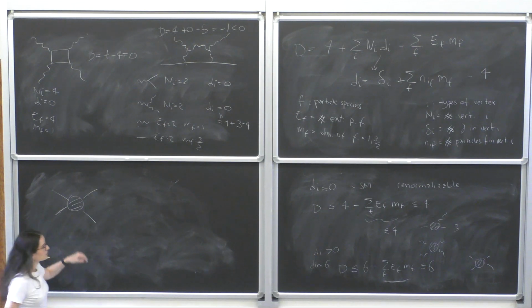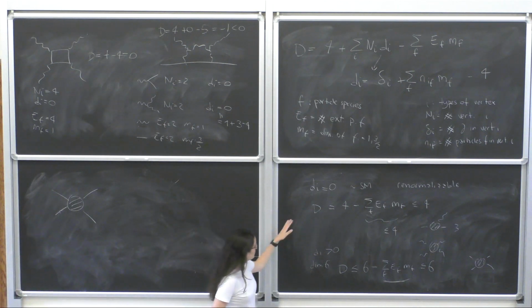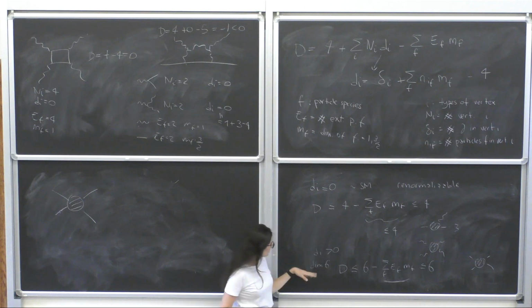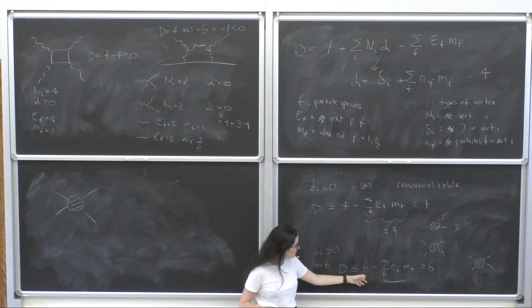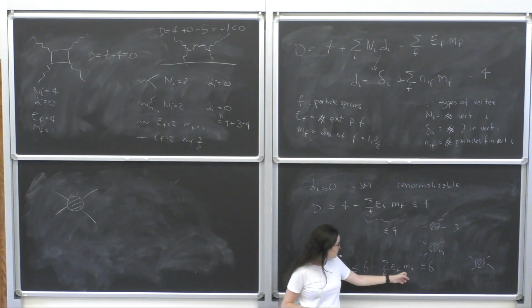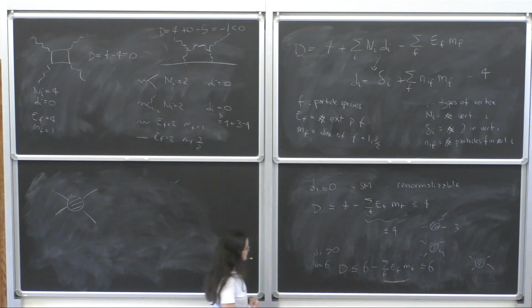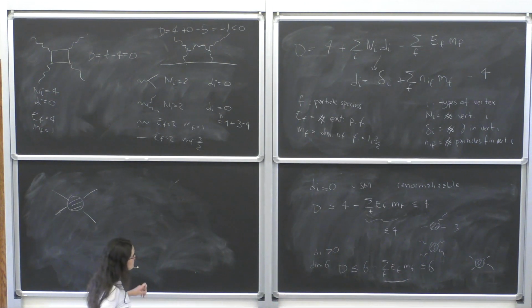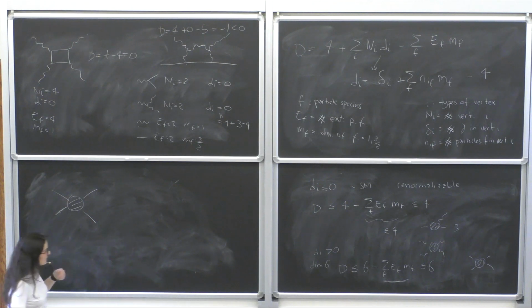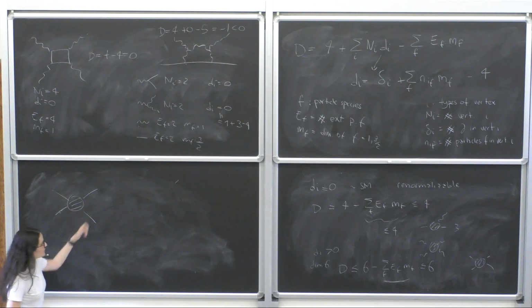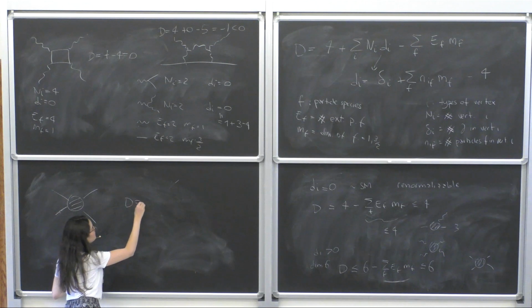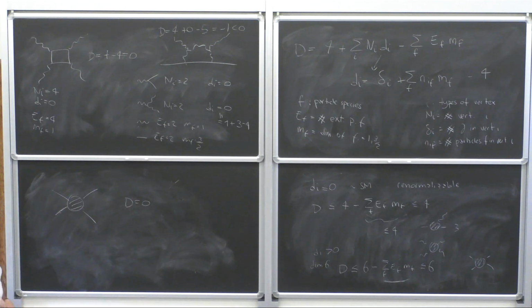So this would be divergent because it can contain higher dimension operators, so there can be a 6 here, and then the sum of the dimensions of the external lines is also 6. So this can have a d equals 0, essentially. So you can have some sort of log divergence.